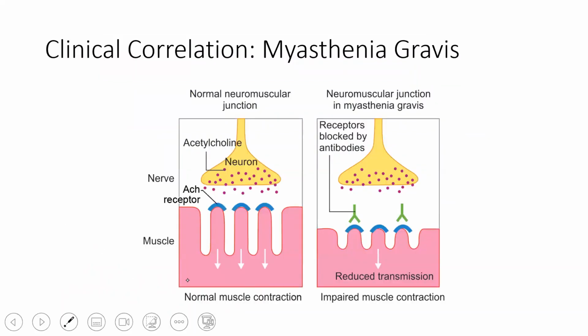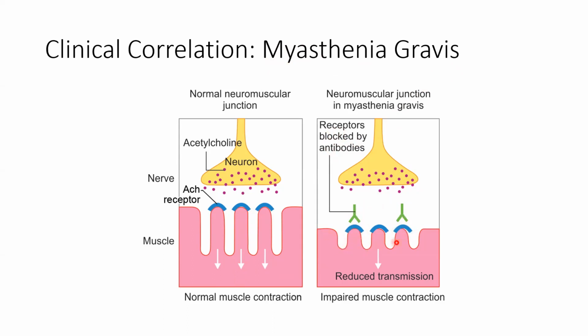Okay. So this is a related clinical correlation. You said that there are acetylcholine receptors which bind the acetylcholine to stimulate the muscle contraction, right? So in this disease called myasthenia gravis, these receptors are blocked by antibodies, right? Blocked and they can be destroyed, right?